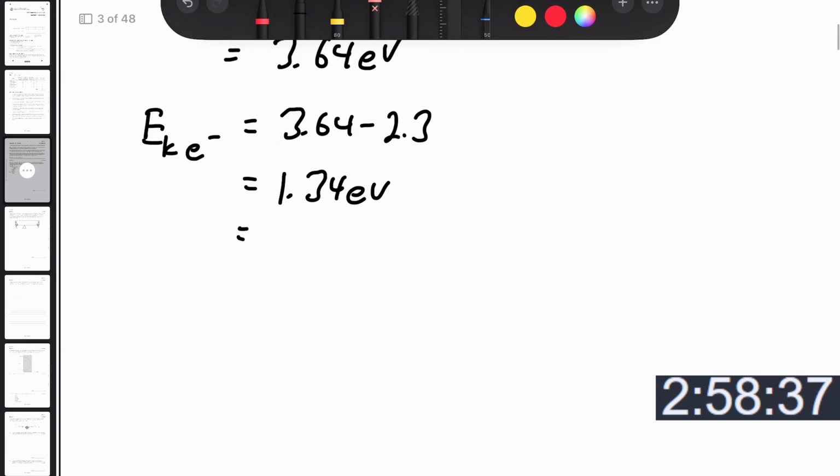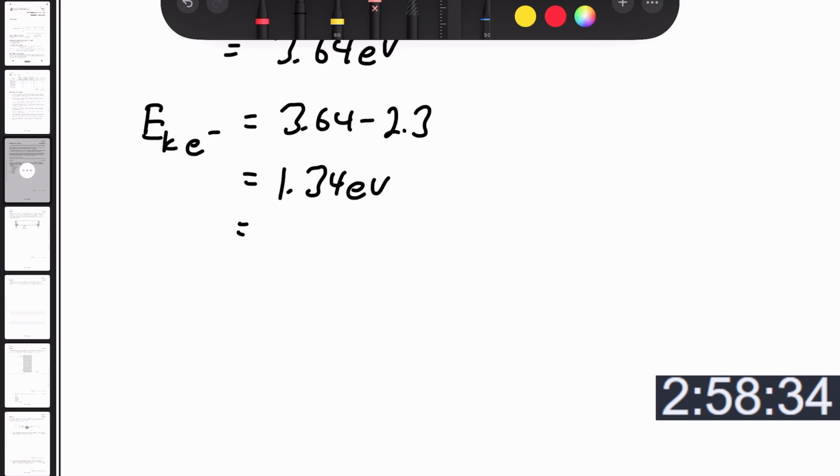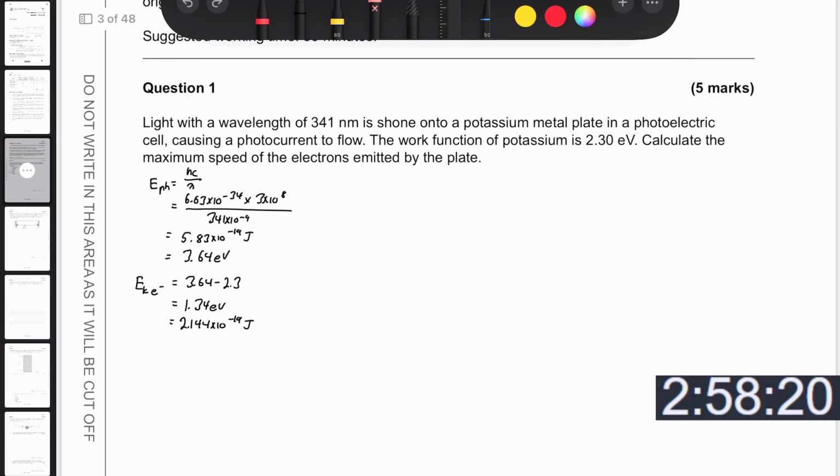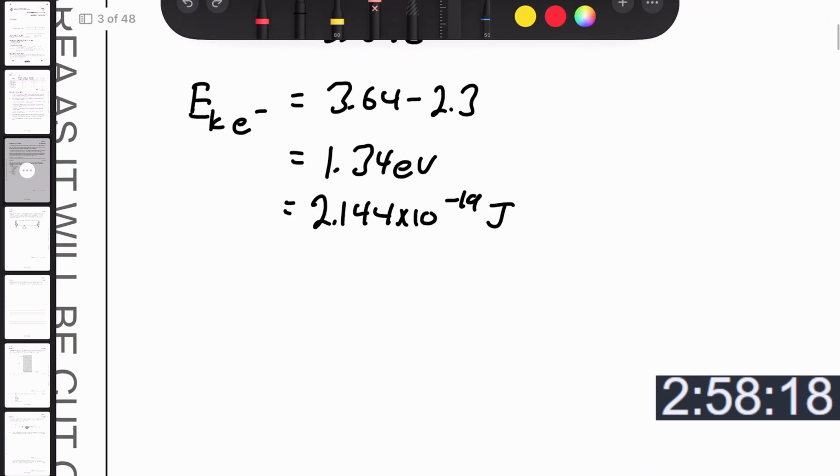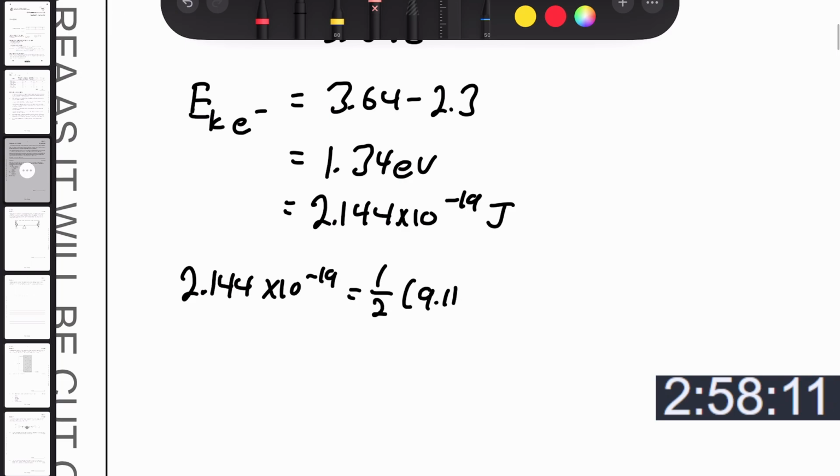So that's going to equal 1.34 times 1.6 times 10 to the negative 19, which is 2.144 times 10 to the negative 19 joules. Oh, I should have made this into joules, because I need kinetic energy in joules, but yeah, whatever. So we know that this is going to be half of 9.11 times 10 to the negative 31 times v squared.